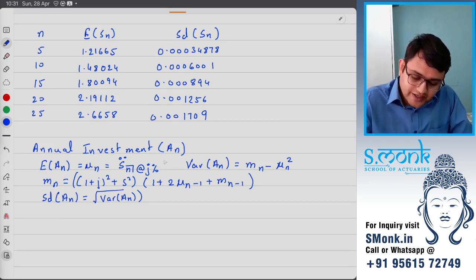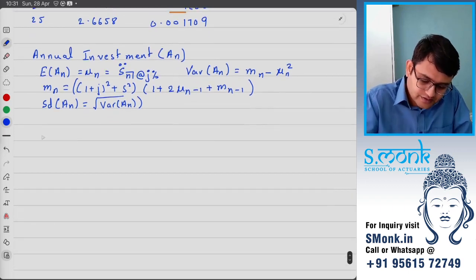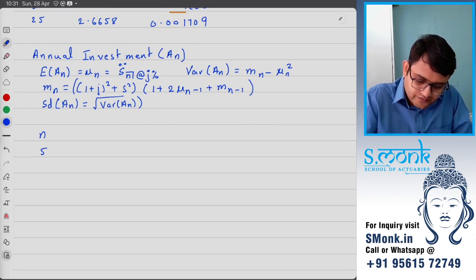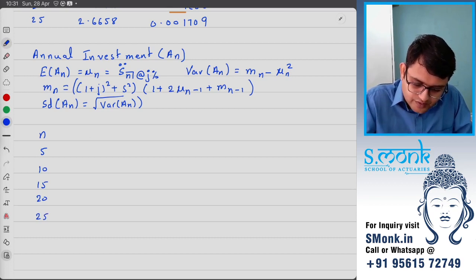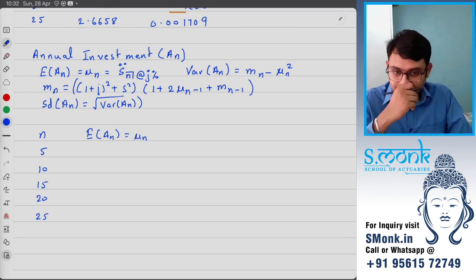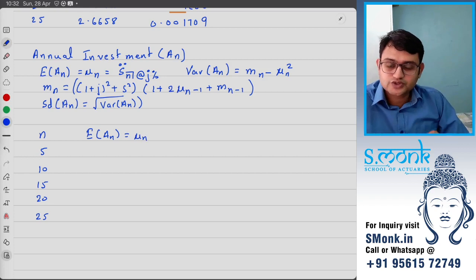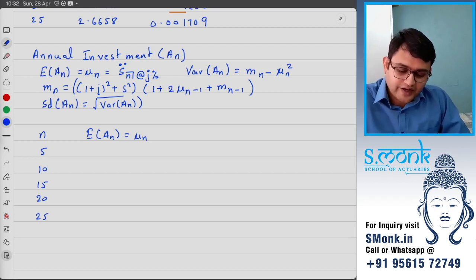We can find the expected value very easily. For n equal to 5, 10, 15, 20, 25, my expected value of AN, that is also written as mu n, I can find very easily.